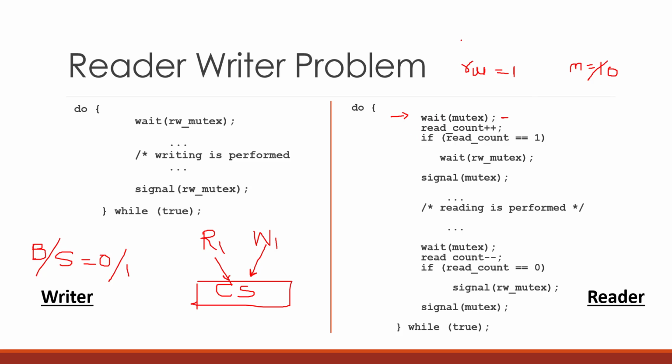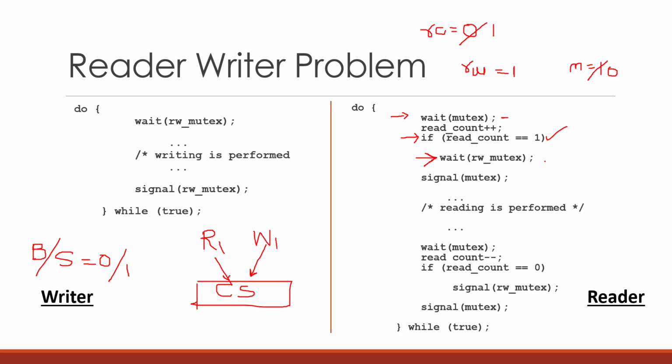Now let me take a read count as well. Let's say RC, read count, and let me initialize this with 0. Read count plus plus means that I have a reader now, so I increment it by 1 since one reader has entered. Then I check if read count is equal to 1. Yes, that is true, so it will enter this if statement. Since a reader is there now, we need to somehow block our writer, right?